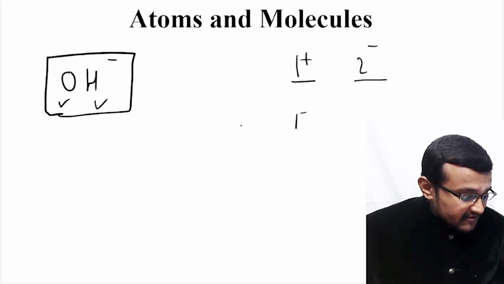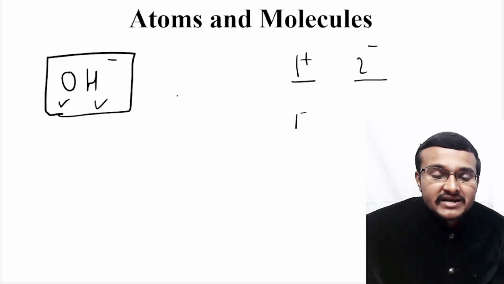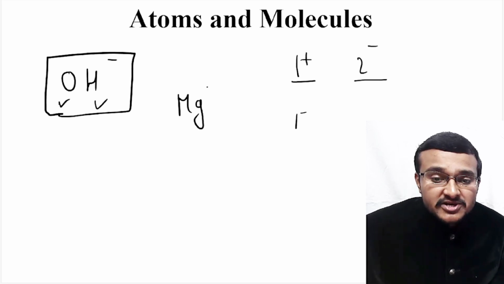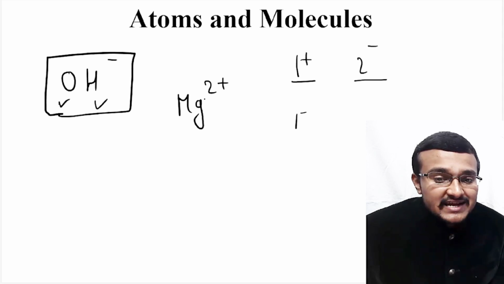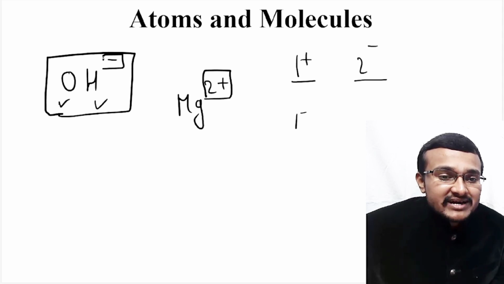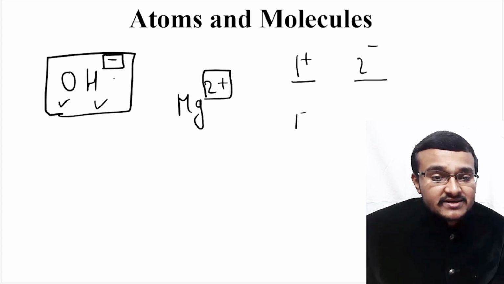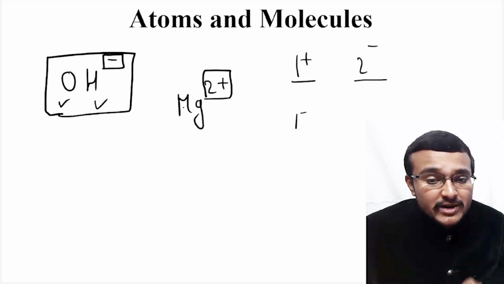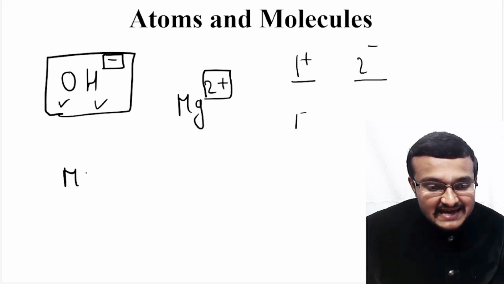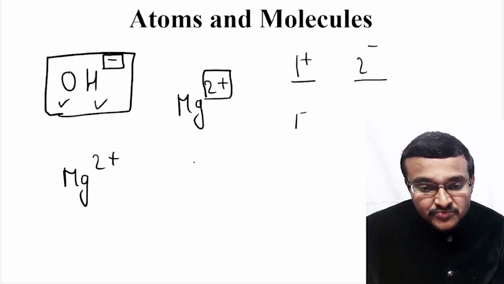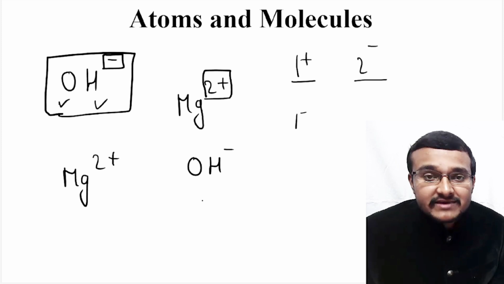For example, if this OH is combining with an Mg atom, this Mg has 2 plus charge and this OH has 1 minus charge. So here 2 OH minus ions are required to satisfy 1 Mg 2 plus. Mg has 2 plus as its charge, OH minus has only 1 negative charge.